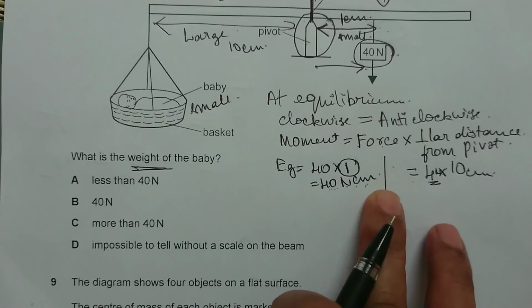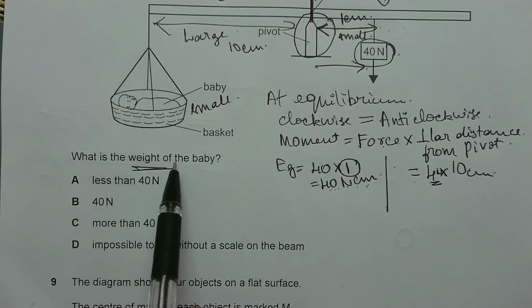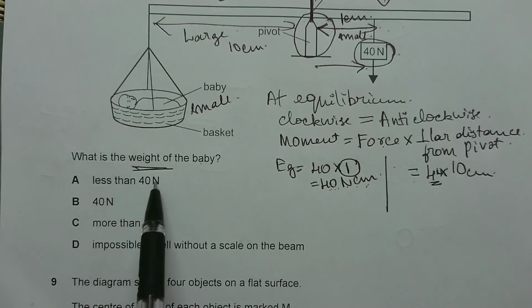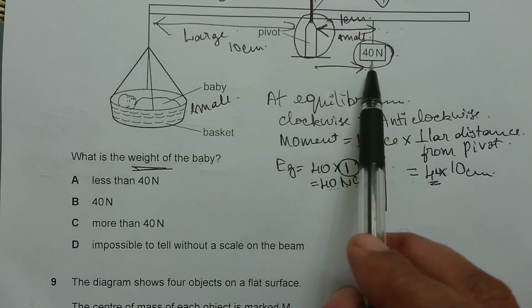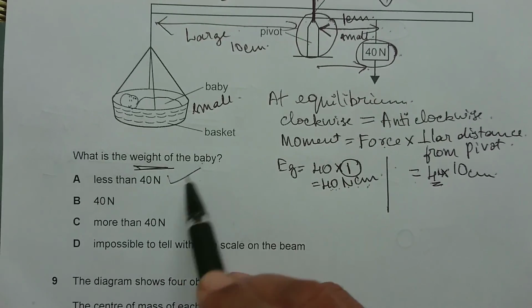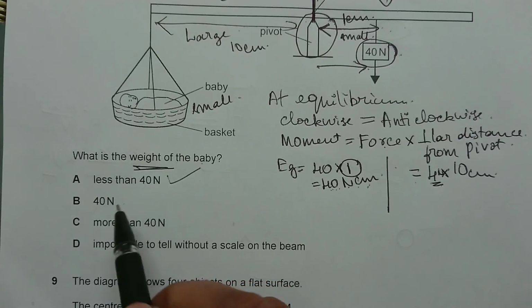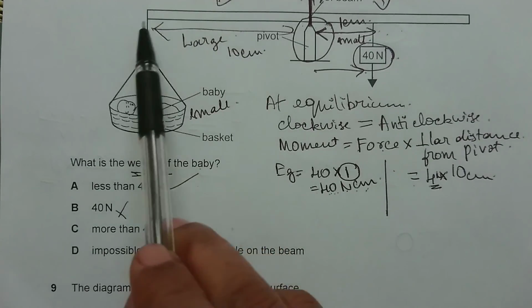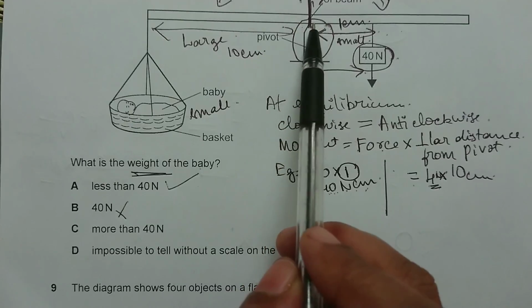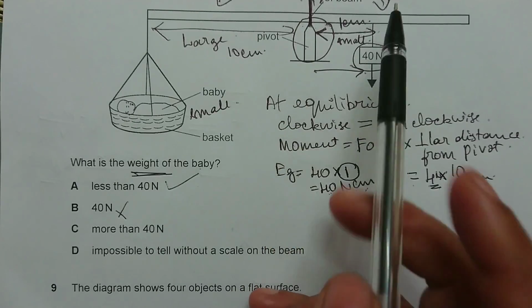Correct? So which option is correct? What is the weight of the baby? Which is less than the given weight, that is 40 Newton. Correct? Which is equal to 40 Newton. That is wrong. Why is it wrong? Because the distance is not the same as this. Correct?